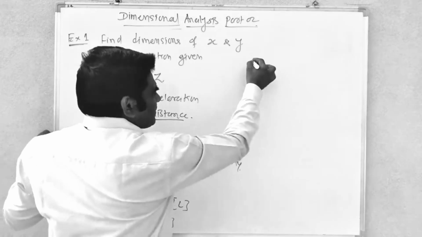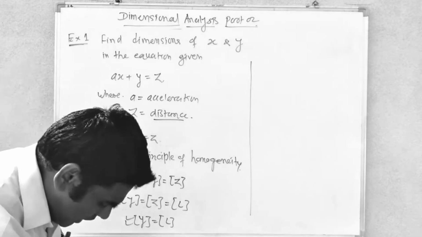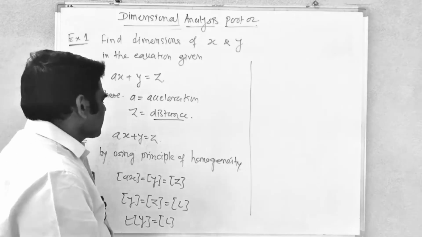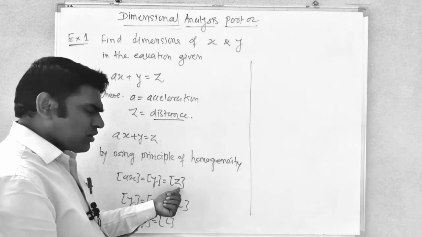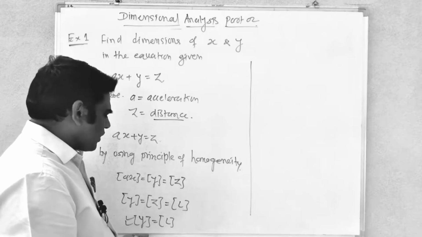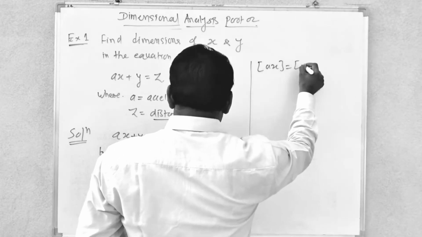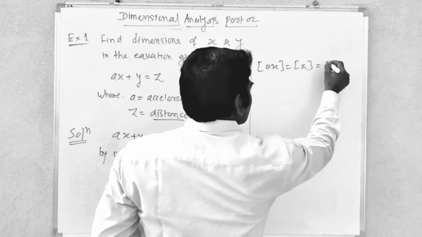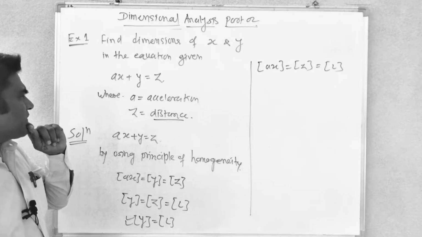Now another equation we can write: ax is equal to z, either this or this, no problem, because both dimensions are known now. So the dimension of ax is equal to the dimension of z, which is equal to L. Now what is the dimension of a?